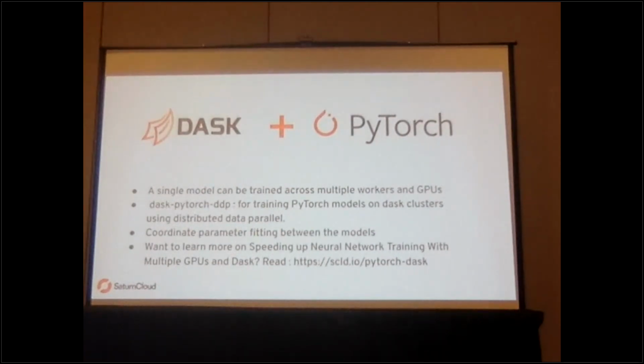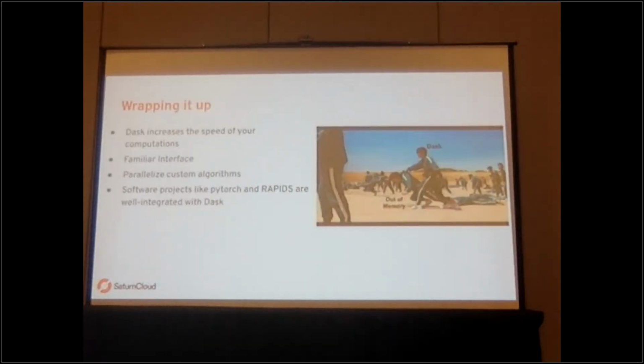So you can train a single model across multiple workers. And if you want, you can train multiple models in parallel on Dask as well. And this again is a very interesting blog, Speeding Up Neural Network Training with Multiple GPUs and Dask. I would recommend that you check this.